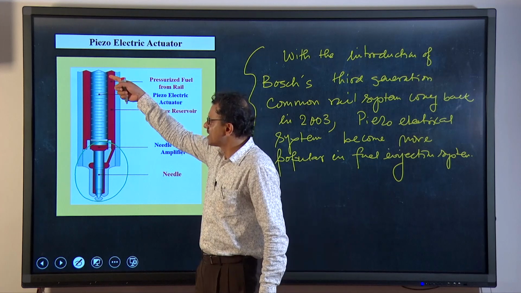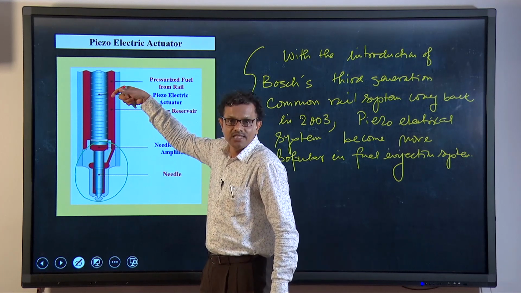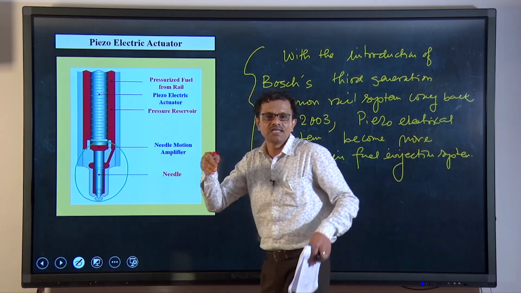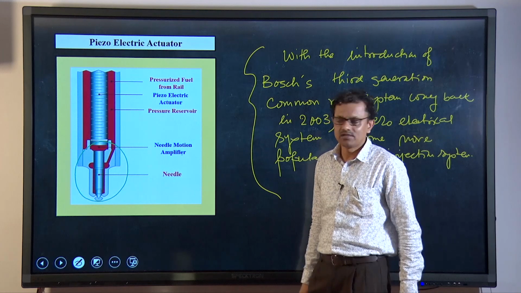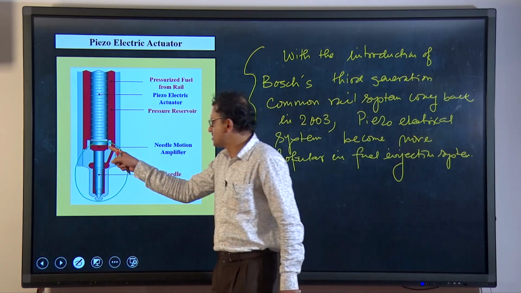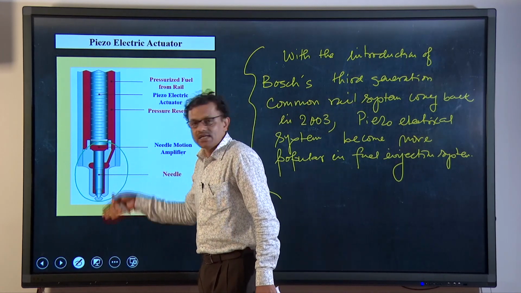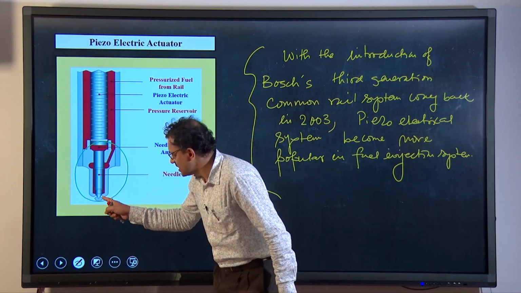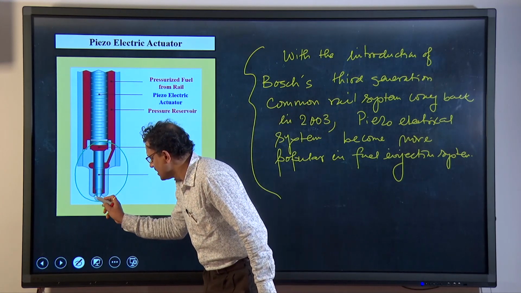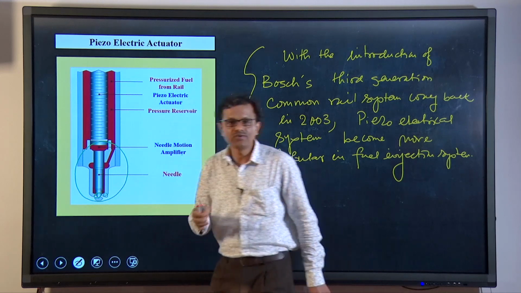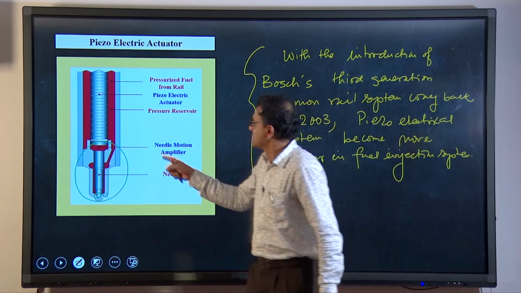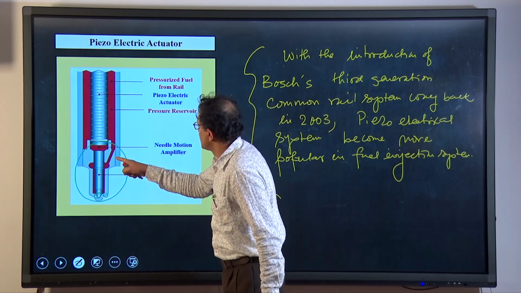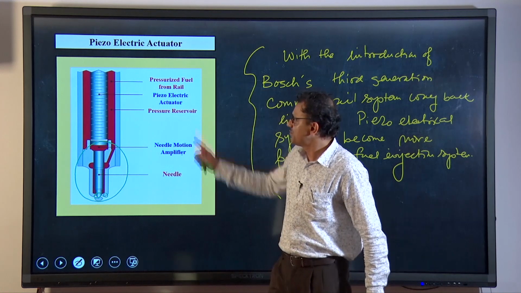If we allow current to flow, they will expand, and as they expand, they will create some downward forcing on this needle, and the needle will come down. You can see this area through which pressurized fuel will flow from the nozzle.